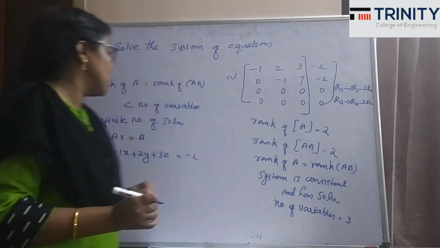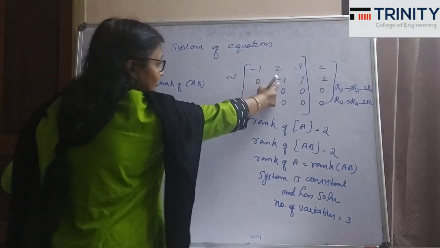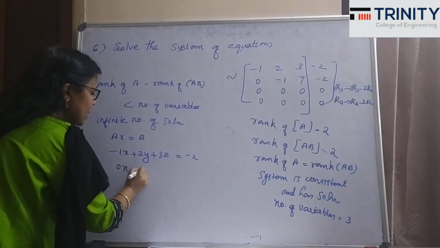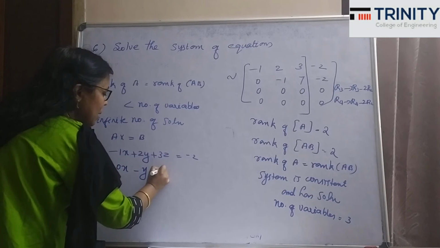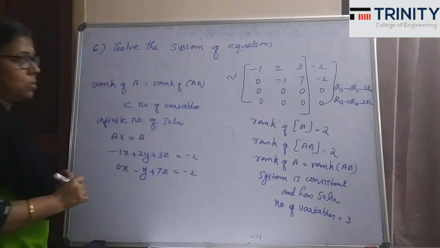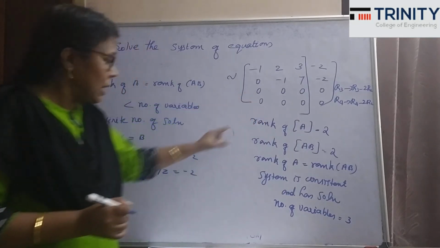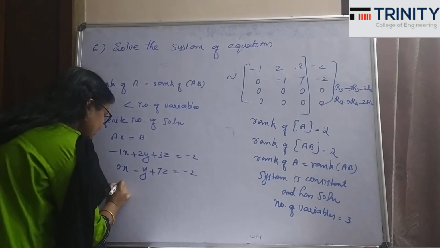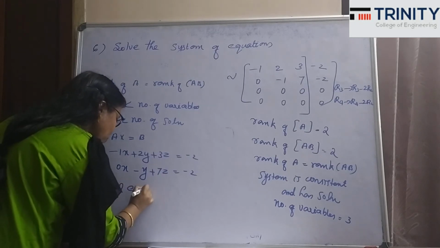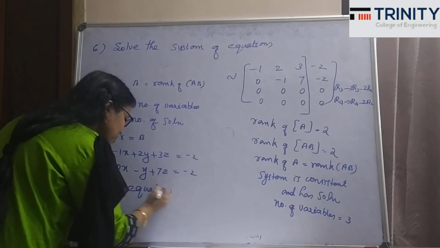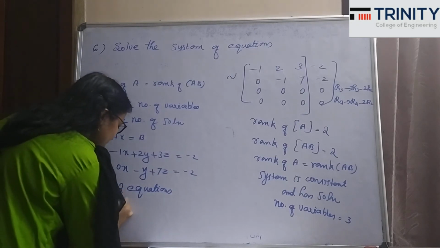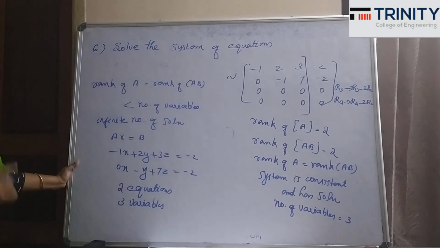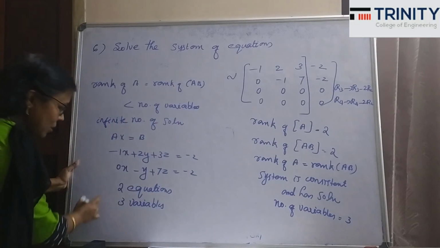Then 0x minus y plus 7z equal to minus 2. No more equations. Here only two equations, three variables.